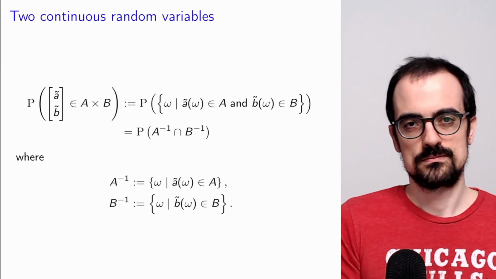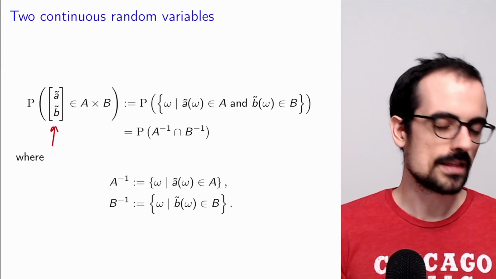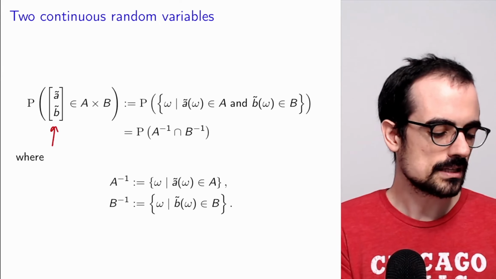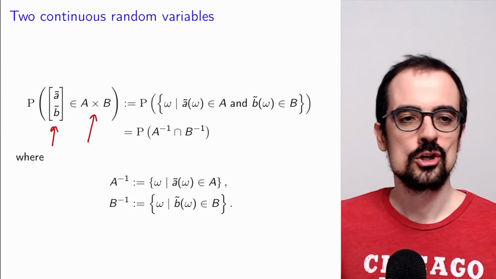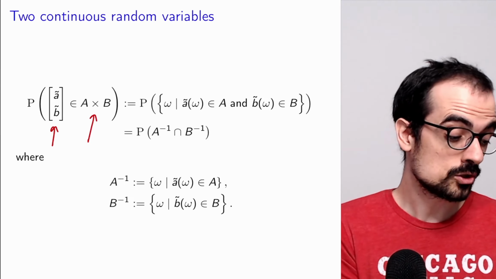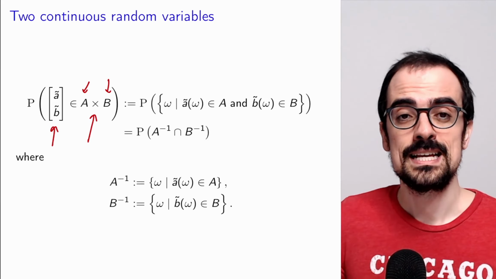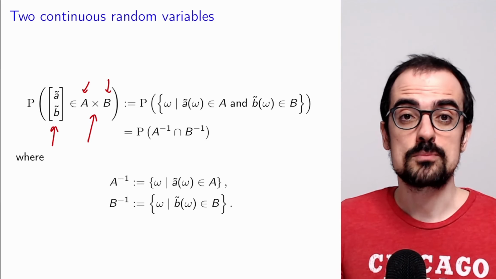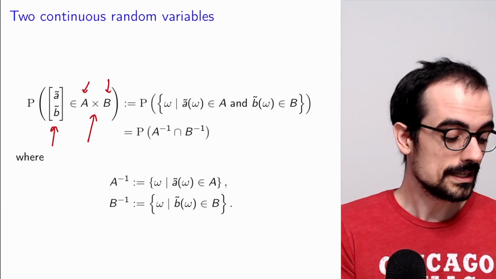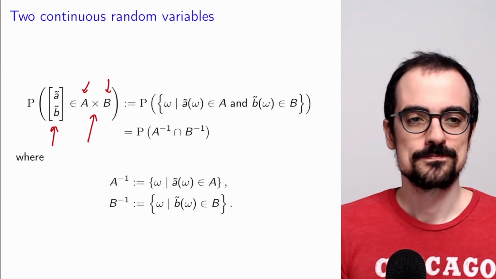Anyways, just mathematically, very briefly, what are we saying? If we stack random variables as random vectors and we consider the probability that they belong to this Cartesian product of intervals or unions of intervals, then the corresponding probability is going to be well defined. Just to be clear, this Cartesian product corresponds to the rectangle that we were talking about.